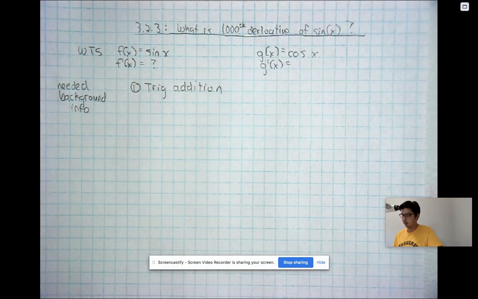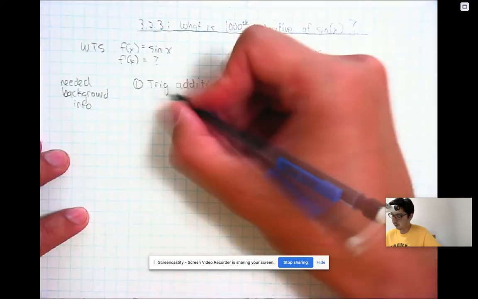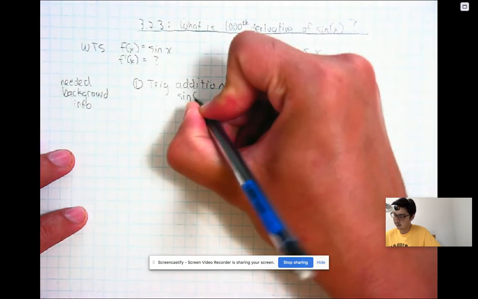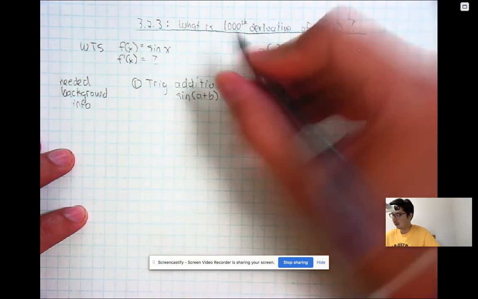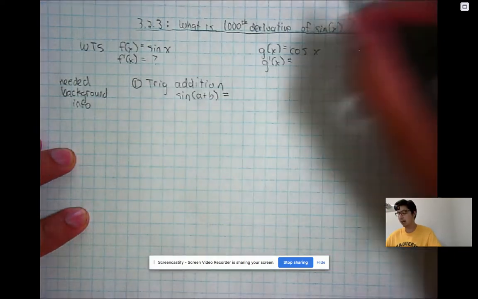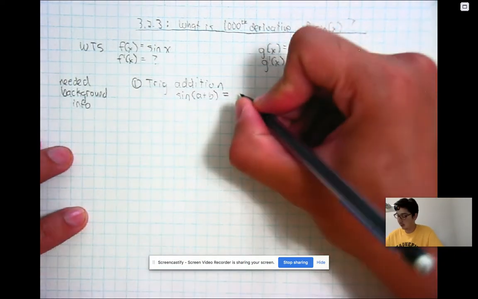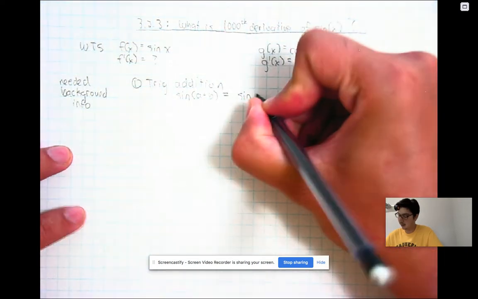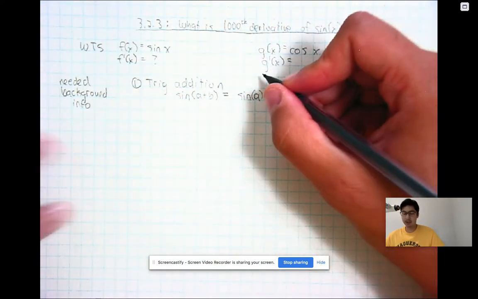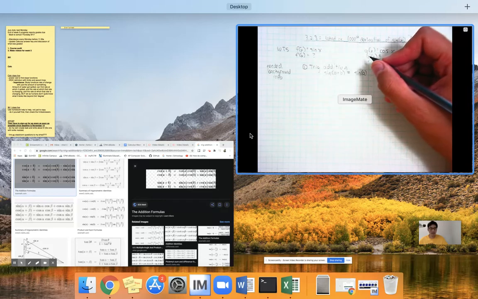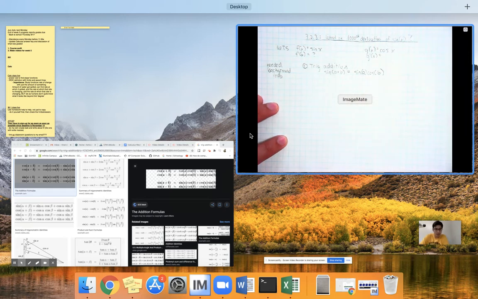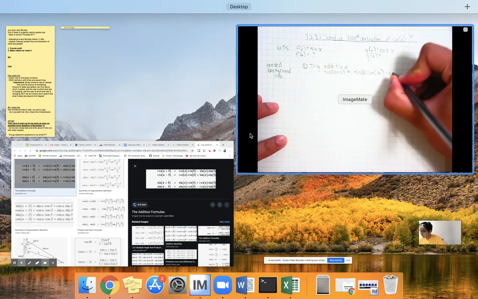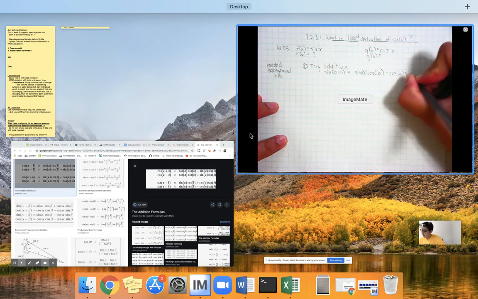The two formulas we're going to use: sine of a plus b, so when adding two values inside sine, that's equal to sine of a cosine of b, let me just check to make sure that's right. Yes, and then plus cosine of a sine of b.